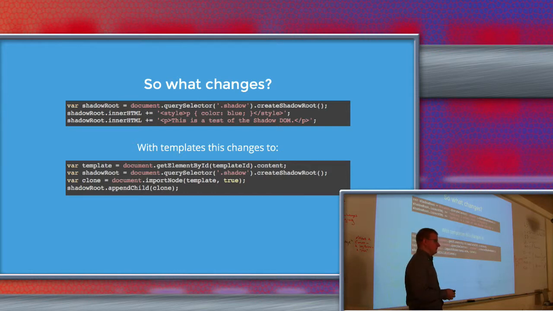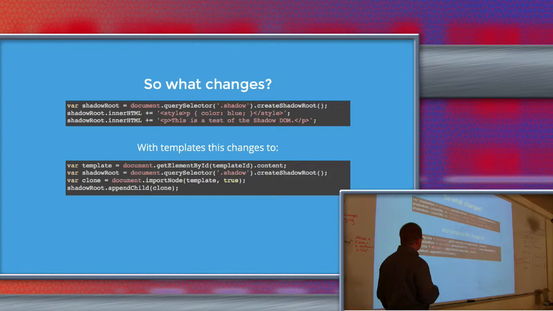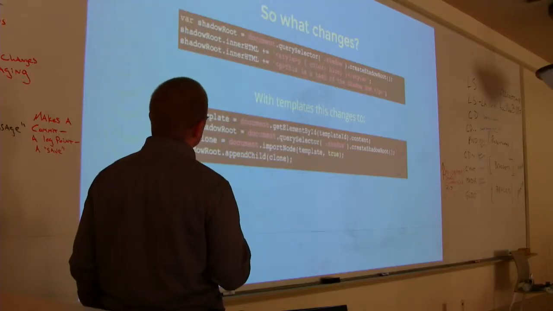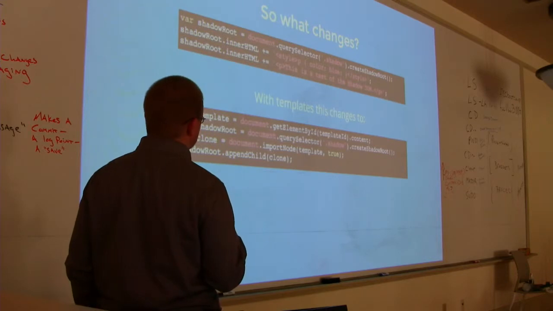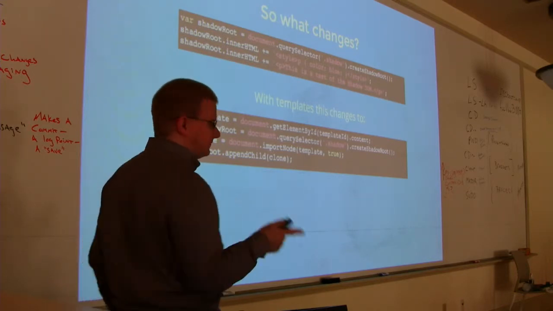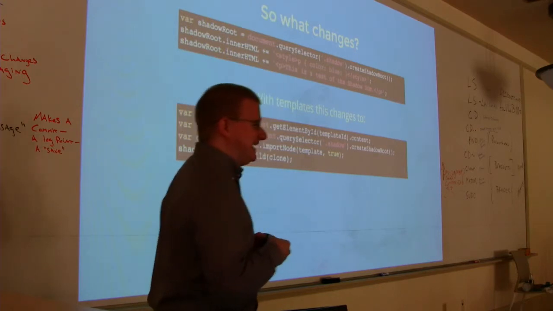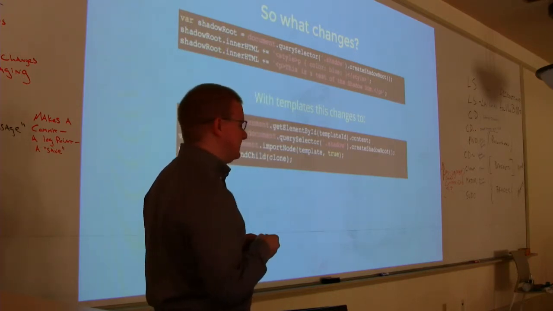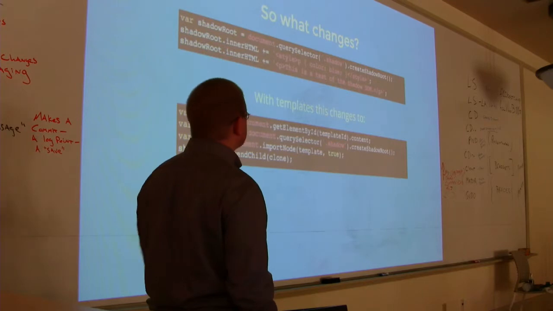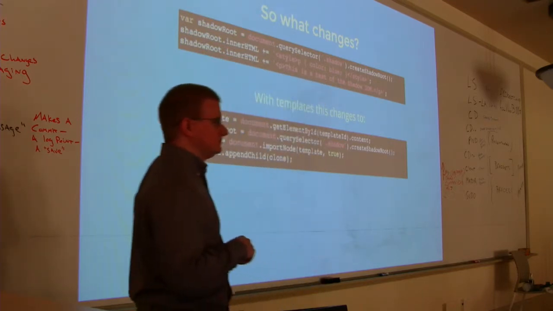And what could be funky about line 2? A little bit funky. It'll work, but it's a little bit funky. So a shadow is a class. A class could be many items. A query selector selects one item.